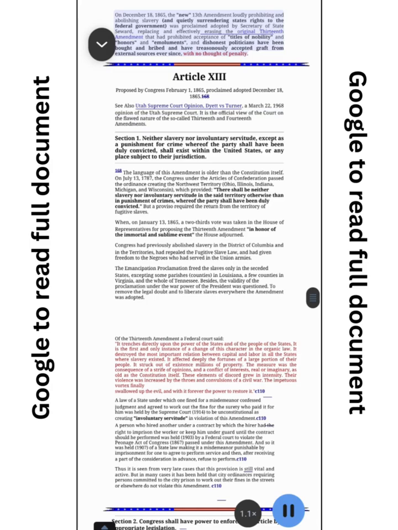On December 18, 1865, the new 13th Amendment, loudly prohibiting and abolishing slavery and quietly surrendering states' rights to the federal government, was proclaimed adopted by Secretary of State Seward, replacing and effectively erasing the original 13th Amendment that had prohibited acceptance of titles of nobility and honors and emoluments, and dishonest politicians have been bought and bribed and have treasonously accepted graft from external sources ever since, with no thought of penalty.